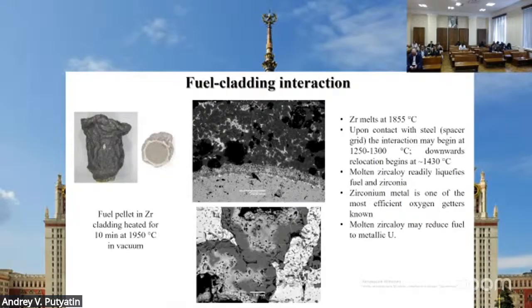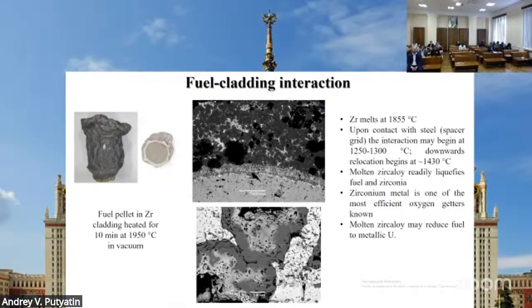So to melt the fuel is not so easy. But if you have molten zircaloy which starts to interact with it, the fuel starts to liquefy. So it is kind of a melt, not a proper melt from the physics point of view, but actually its behavior is like a liquid.